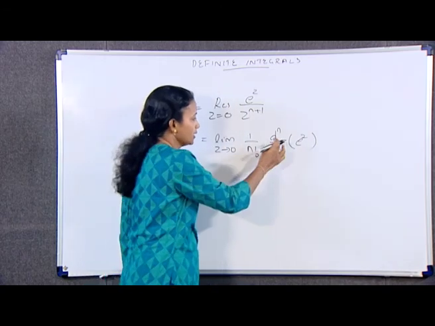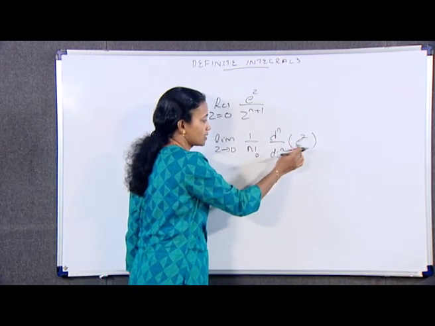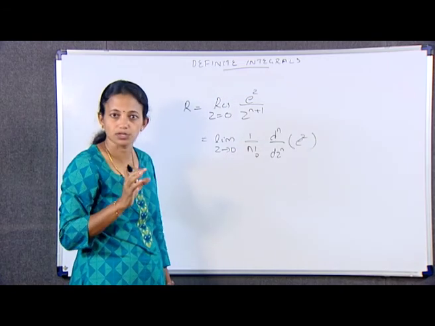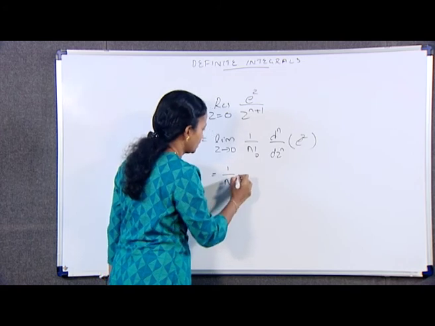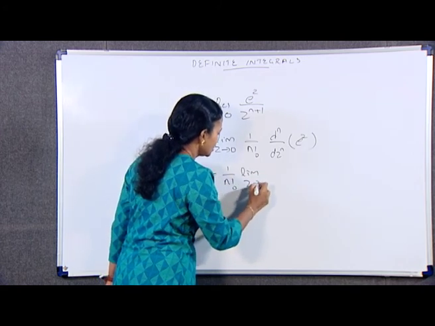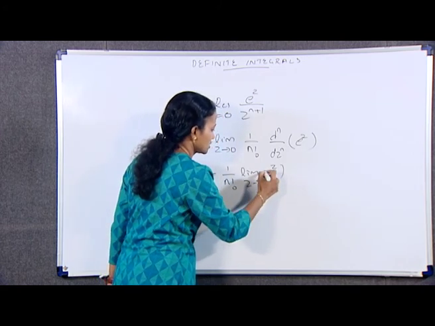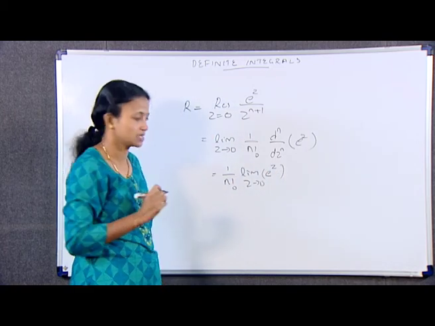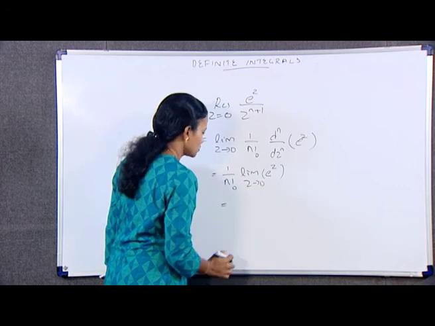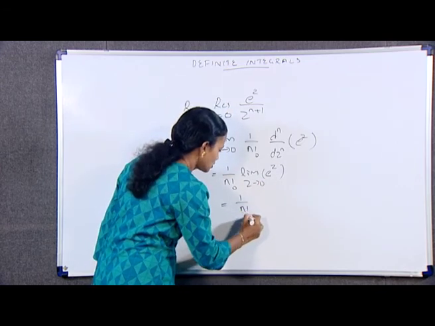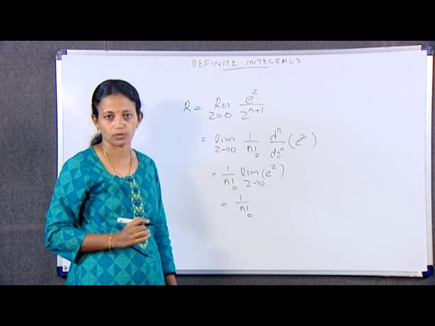We know dⁿ/dzⁿ of e^z is e^z itself. So, it is equal to 1/n! times the limit as z tends to 0 of e^z, and we know that limit is 1. So, the value is equal to 1/n!.